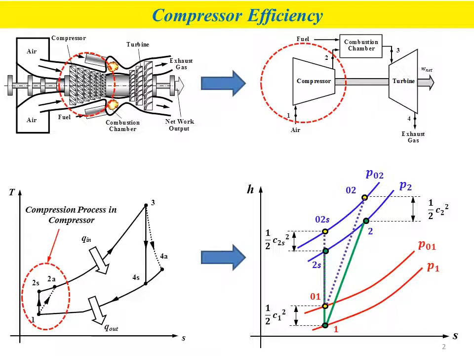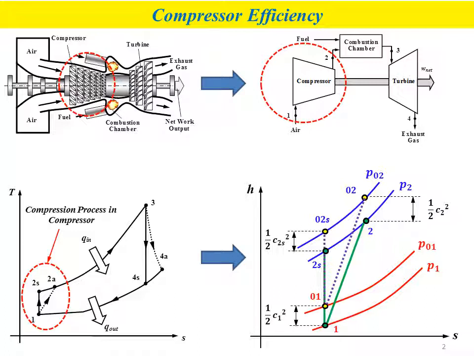This diagram shows the parameters involved during the compression process, where at the inlet and also at the outlet we need to consider two types of state: state number 1 static state and state number 2 stagnation state. Every inlet and outlet will have two types of pressure.